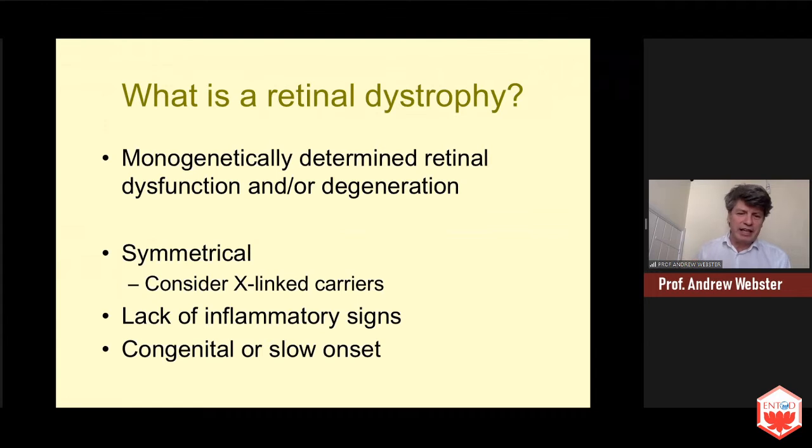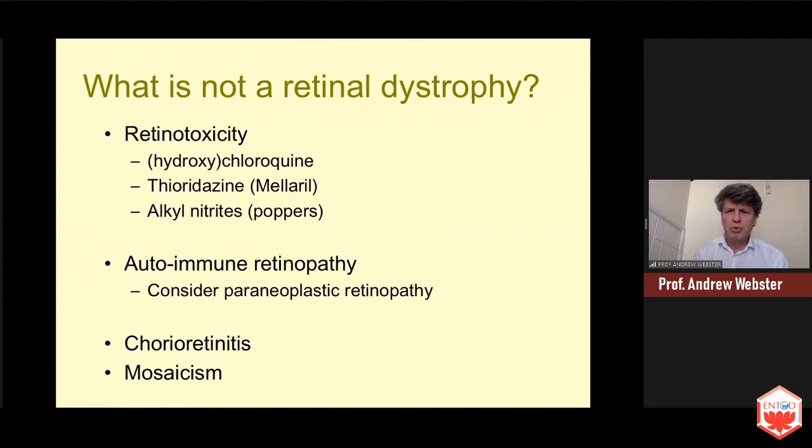And they can be congenital, so stationary disorders are congenital, such as achromatopsia and night blindness, foveal hypoplasia, developmental abnormalities of the retina are congenital. If they're not congenital, they're of slow onset, and that's a differentiating factor from other retinopathies that can be confused with dystrophies.